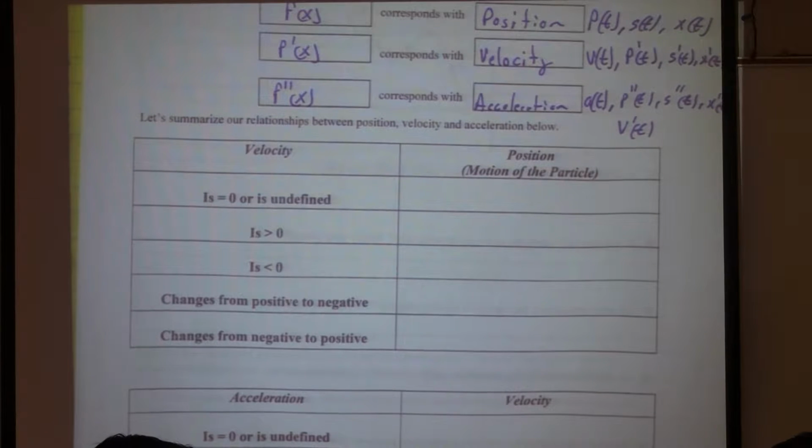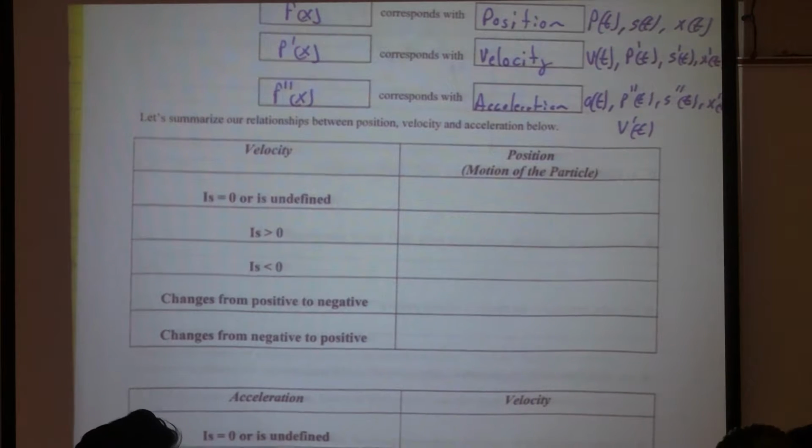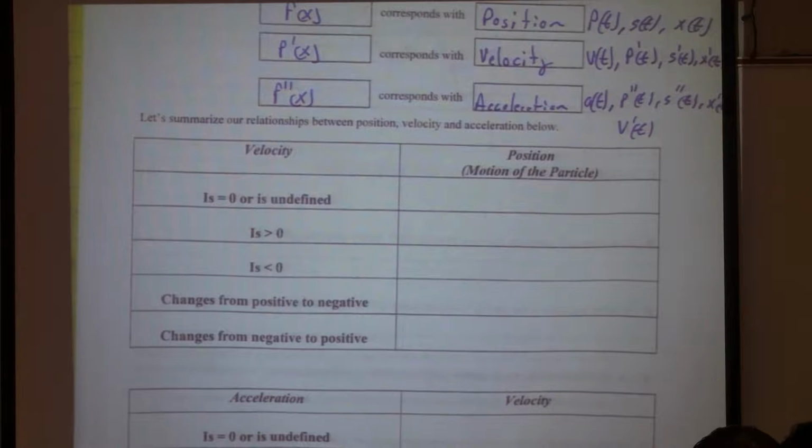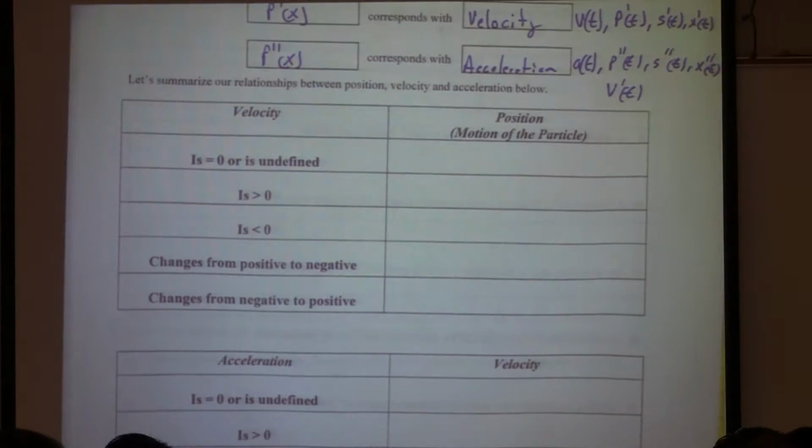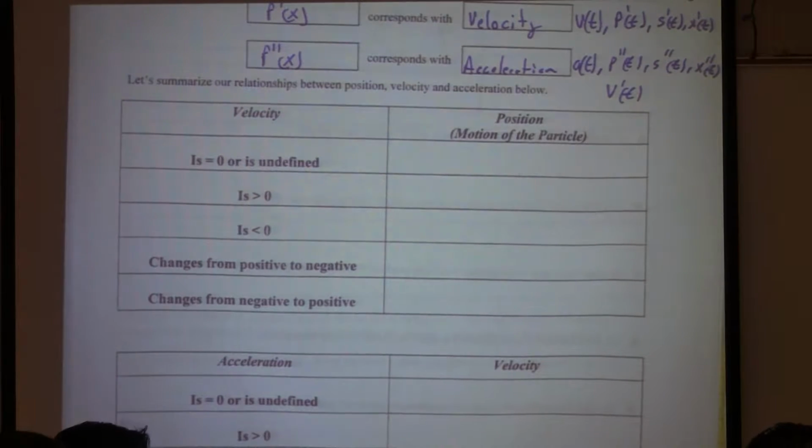But if you wanted to put it in terms of position, it's the rate at which the rate, not the position. So the rate of change of velocity is the rate of the rate of change of position.